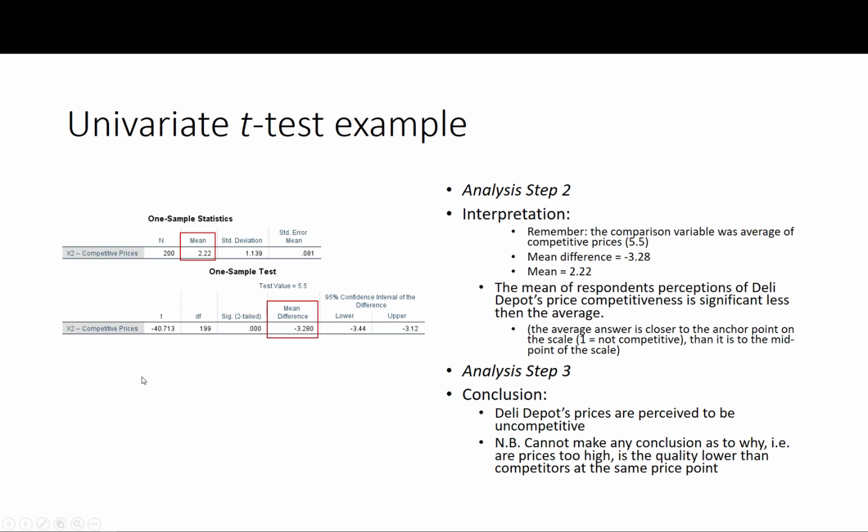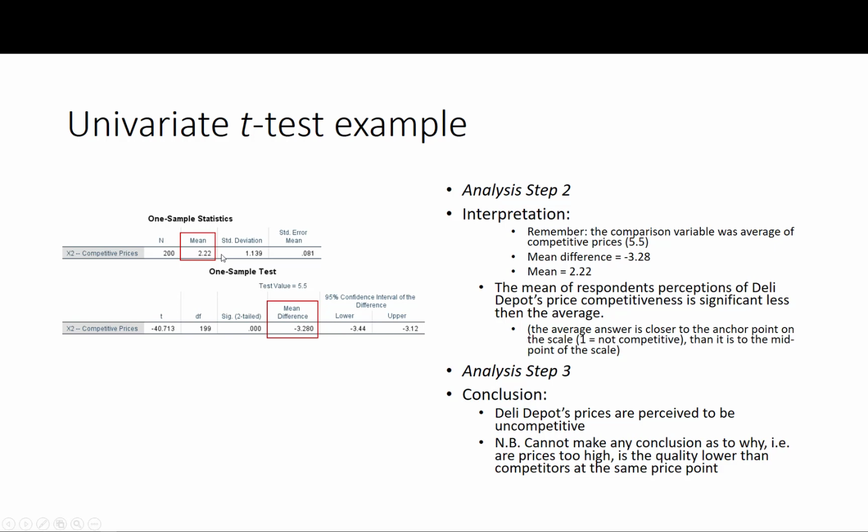The next thing we need to do is actually look at the meaning of this difference. So the next step is interpretation. Remember that the comparison value was the midpoint of the competitive prices scale, 5.5. And then we look at the mean. We can look at the mean difference, or we can look at the mean.